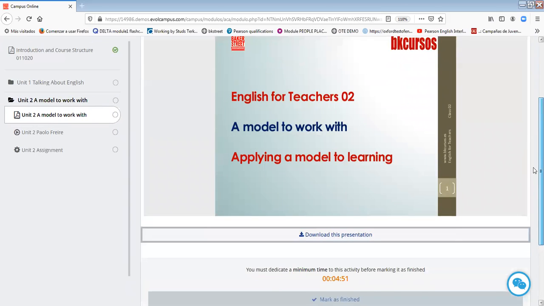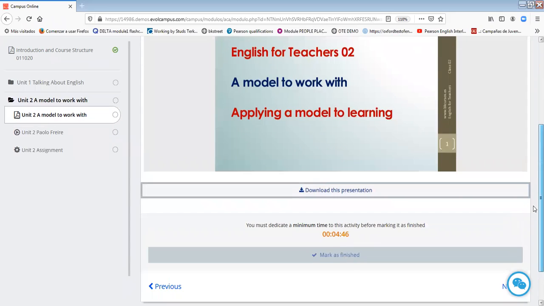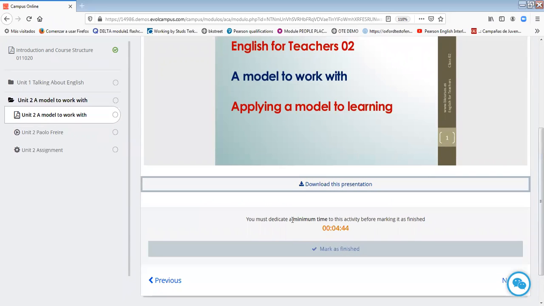The next unit, which is today's, you can see at the bottom, it says you must dedicate a minimum time to this activity before marking it as finished, which is actually 5 minutes. So if you want to have everything complete, then you should spend 5 minutes during the week going over the exercise. And then when you've spent 5 minutes reading it online, then you can mark it as finished.